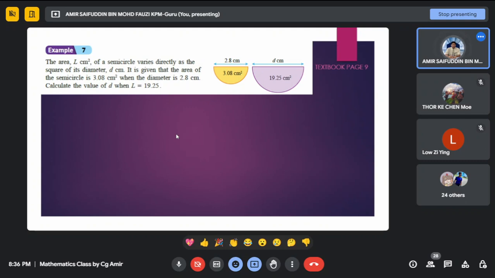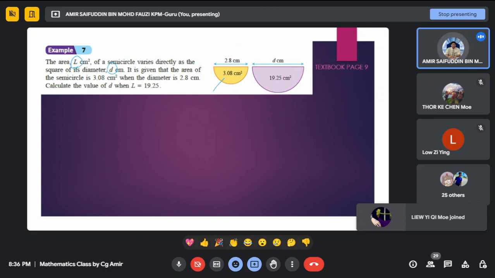In this situation, we have two variables. The first one is L, then the second one is D, diameter. It is given that the area of the semicircle is 3.08 cm square when the diameter is 2.8 cm. That is the first situation.